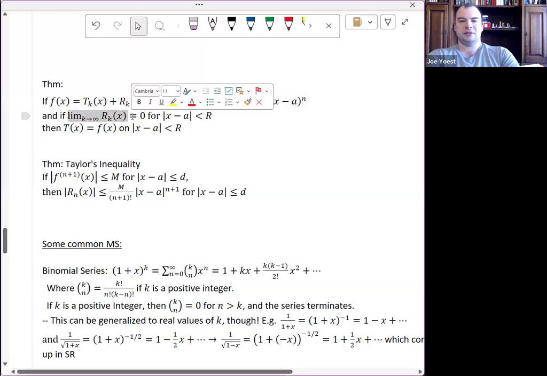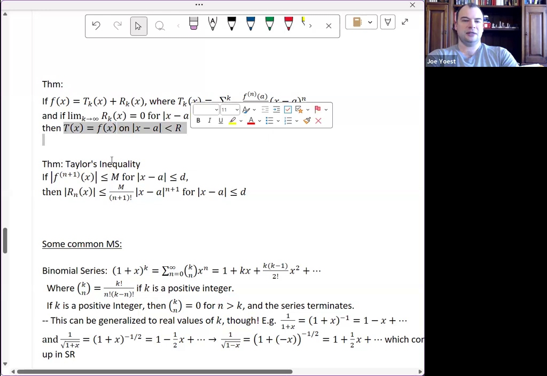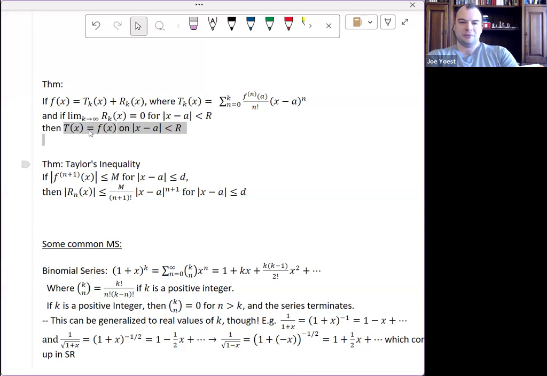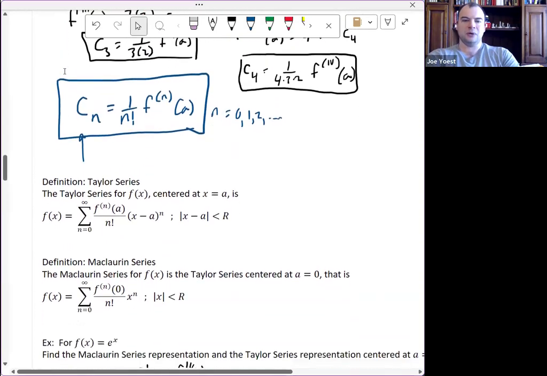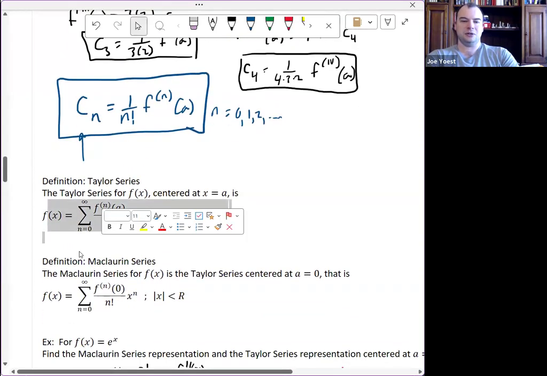If the limit as k goes to infinity of r k of x is 0 on some interval of convergence, absolute value of x minus a less than r, then we say that t of x equals f of x on absolute value of x minus a less than r. We gave a heuristic argument of why it feels like this is the right thing to do.